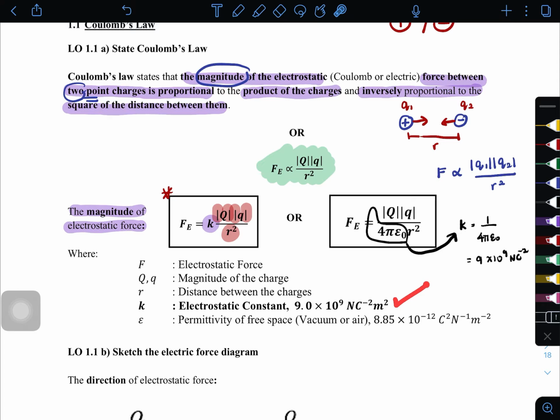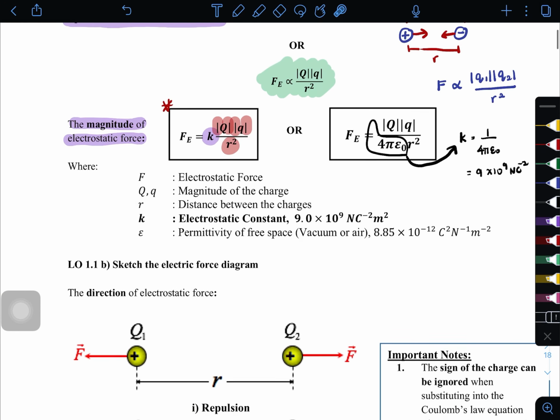This one is given in the list of constants, and epsilon naught is the permittivity of free space. So Fe equals k Q1 Q2 over r squared. That is Coulomb's law.